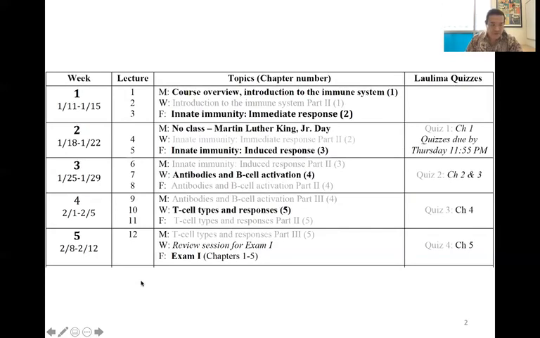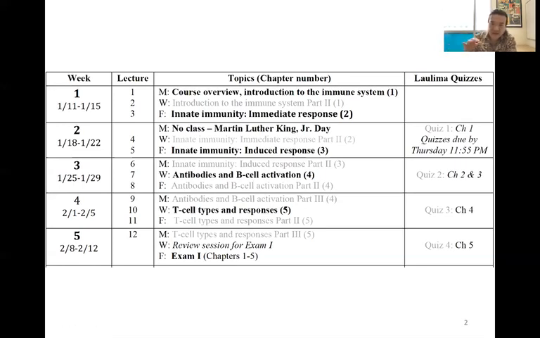Let's start off first by checking in on where we're at in our semester so far. So here we are in week 4. Today we are going to talk about the third part of our discussion about antibodies and B cells. Then we are going to spend 3 lectures talking about T cells and how T cells work. So the book kind of goes back and forth.